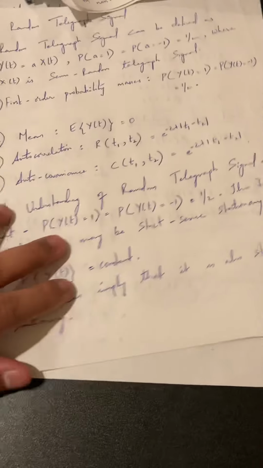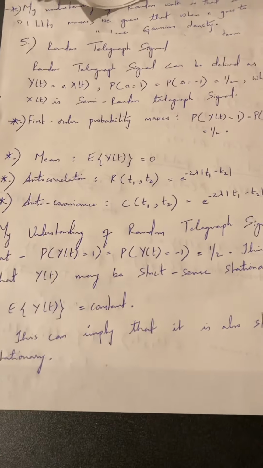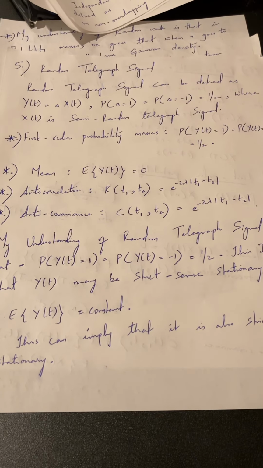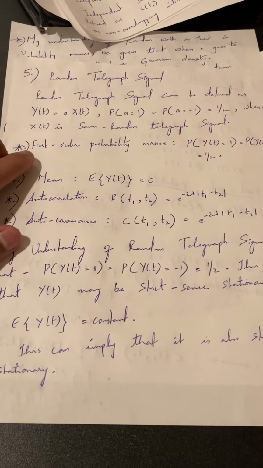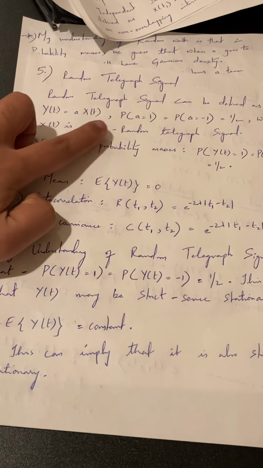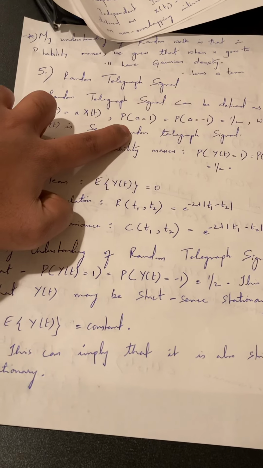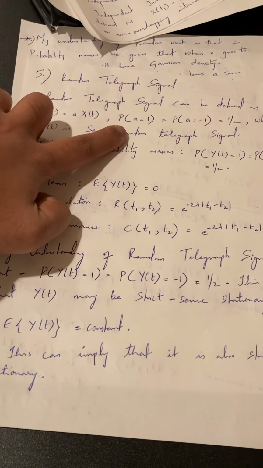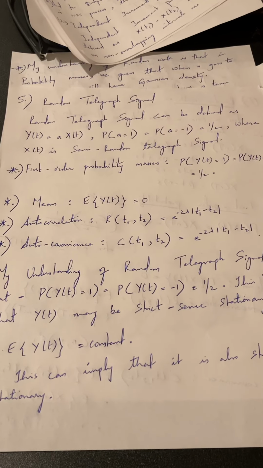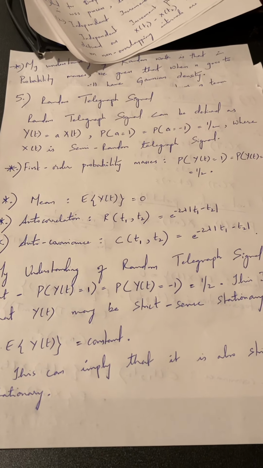So let us look at the random telegraph signal. We can write y(t) as A into x(t), where probability of A equal to 1 and A equal to -1 are equal to half, and x(t) is a semi-random telegraph signal. The mean is 0.